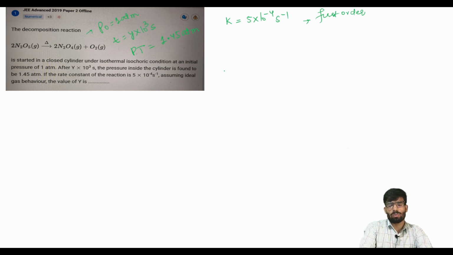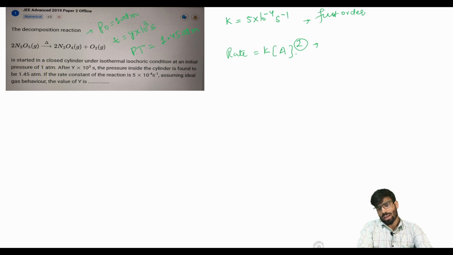If it were a simple, elementary reaction, the rate would be K into the concentration of the reactant raised to the power of the stoichiometric coefficient, which here would be 2. It looks like a second order reaction from here.